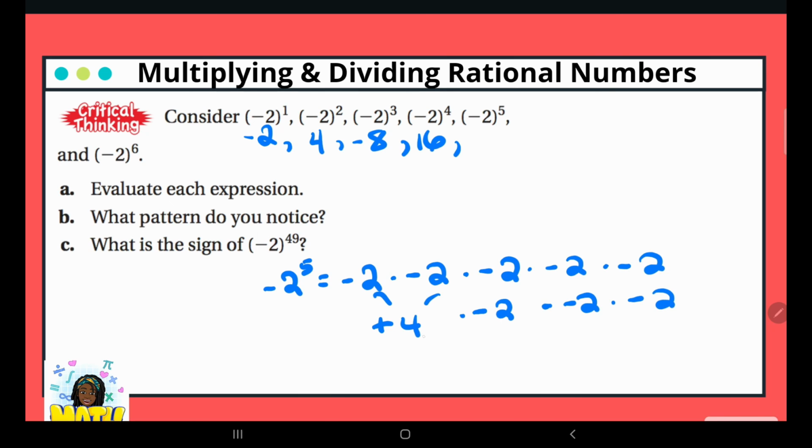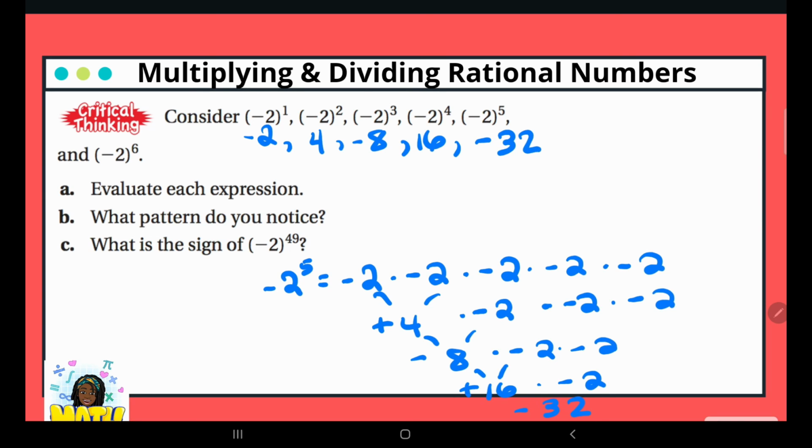And then now positive 4 times negative 2 is a negative 8. Then times a negative 2 is going to give us a positive 16. And then we're going to multiply that by a negative 2 for a negative 32. So here we have negative 2 to the 5th is a negative 32.